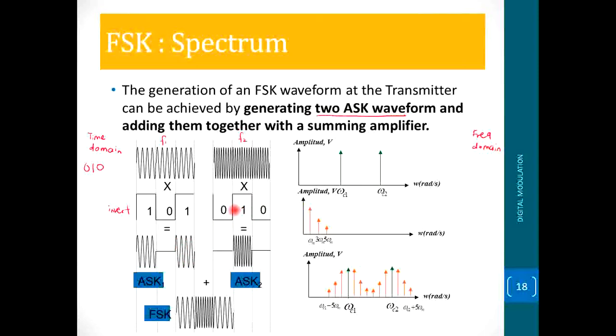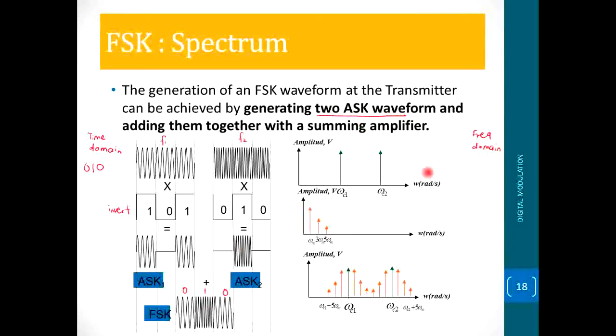And this is the bit from the original signal. We have 0 1 0, and the 1 will result in the high frequency spectrum. Okay, and then these two signals with different frequency combined by a multiplier will result in the FSK. That is, we have two kinds of frequency, the low frequency for the 0 and high frequency for 1.